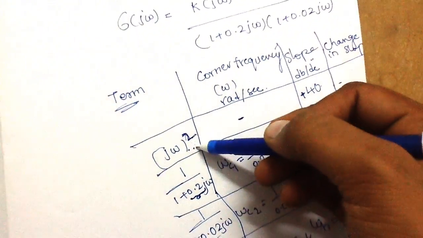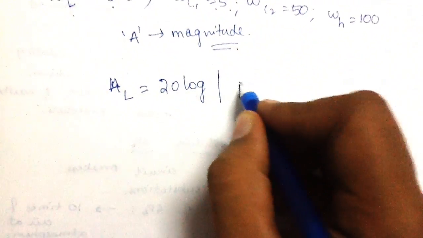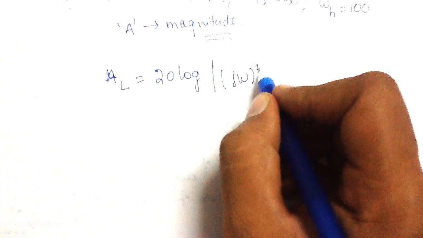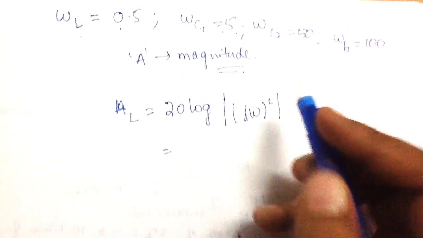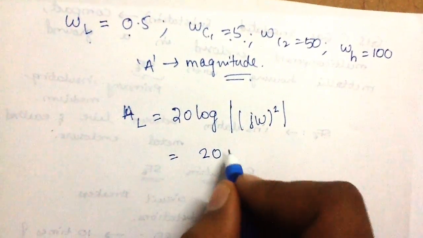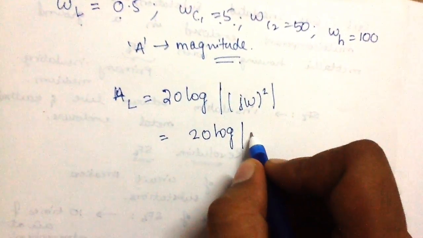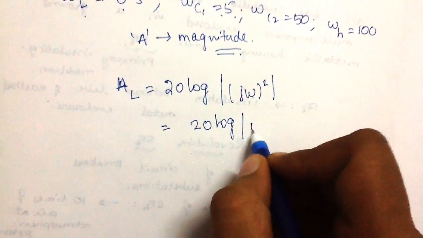What is this? This is j omega square. Remember, just take the first one. 20 log j omega square. So for the respective omega value, you gotta write 20 log. You're going to write 0.5 square.